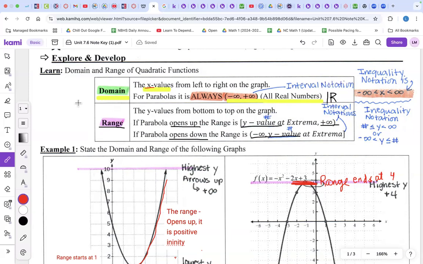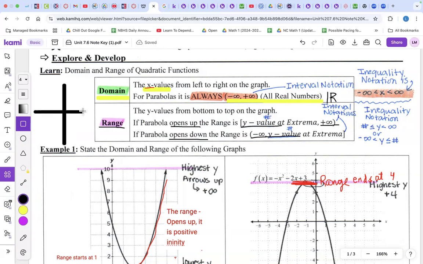When we talk about domain, let me draw a Cartesian plane minus all the other things. So let's just get an x and a y. All right, we got that, and we got that. Okay, now, let's say you have your parabola.